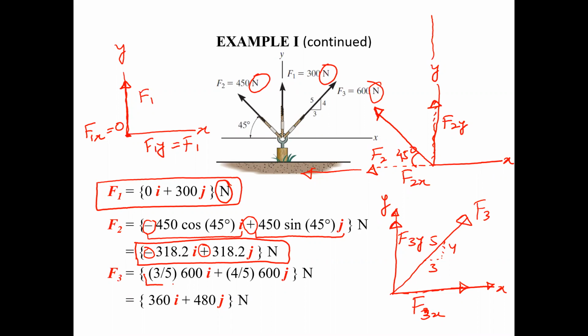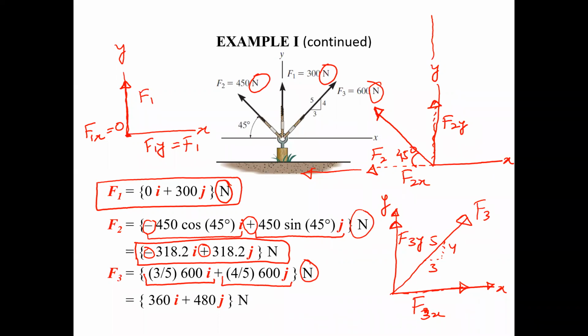So this is your F3X, 3 by 5 times 600 times I. And what is your F3Y? That will be 4 by 5 times 600 times J, newtons, right? Always, don't forget newtons, don't forget the units. Always remember, units need to be there, okay?